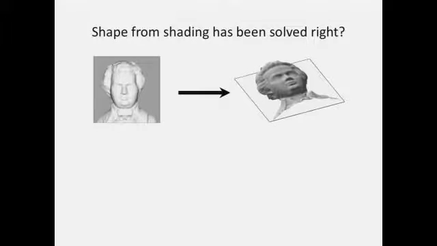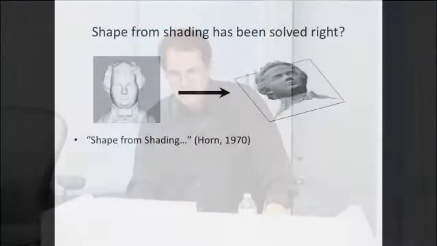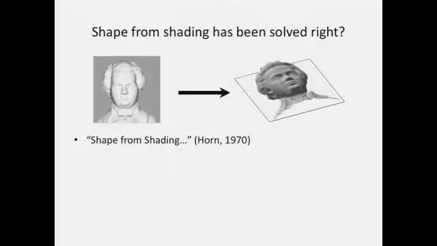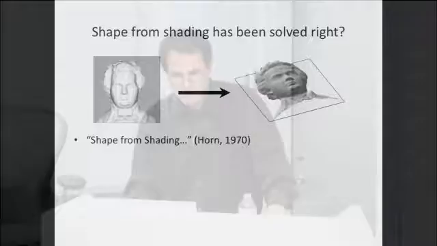And under some conditions, you can do that. And in the 40 years since then, people have worked on improving on those results and making them more general. And this is the problem, right? You've got that image and you want to turn it into a three-dimensional surface map, which is rendered here in 3D to show you. All right, so that's Horn, the original work. That was his thesis at MIT. By the way, his advisor was Marvin Minsky.